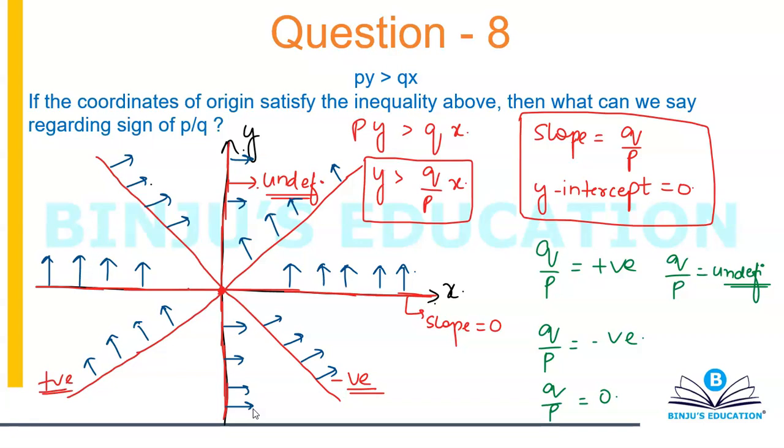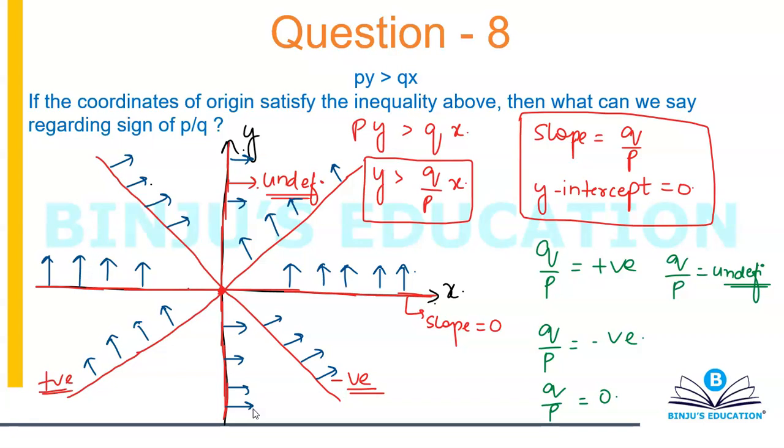If the coordinates of the origin are lying on the line, then how can the origin in any of the 4 cases lie above the line? How is that possible? It is not possible.